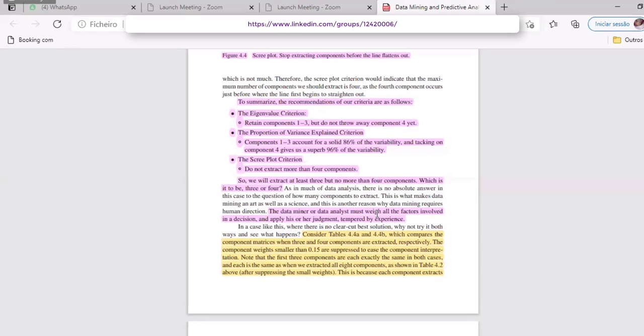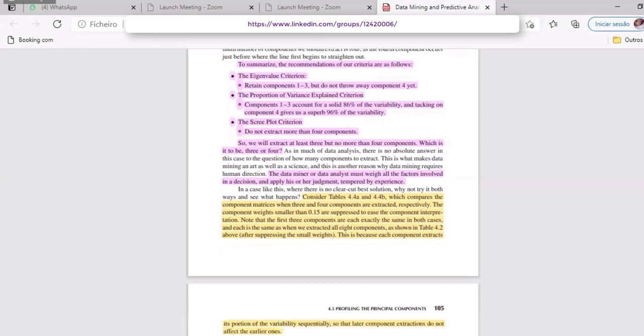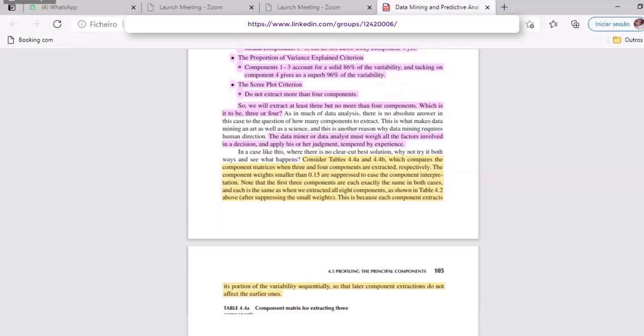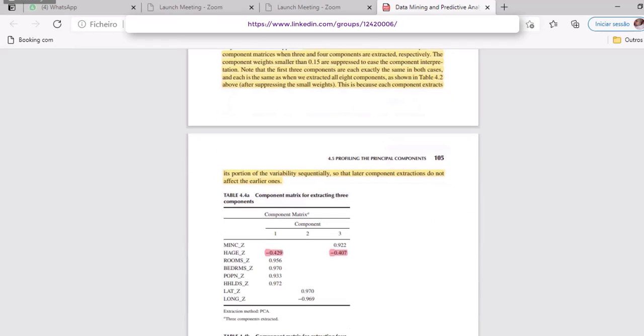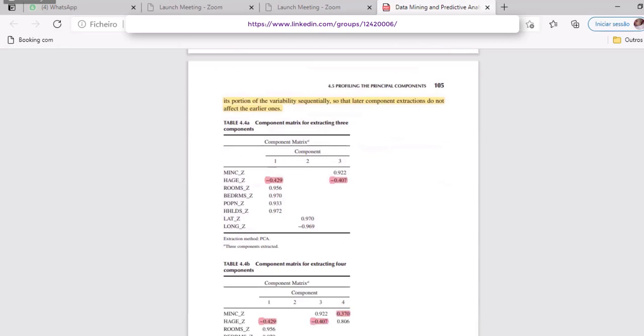So the data miner analyst must weigh all the factors involved in the decision and apply his or her judgment, tempered by experience. So here is the part of the human ability to understand what the components are and realize whether to include the 4th one or not.